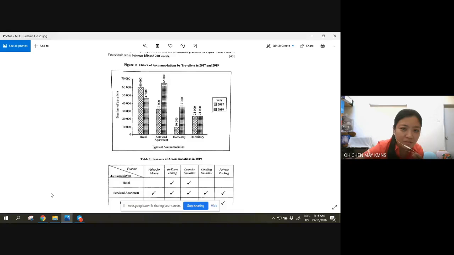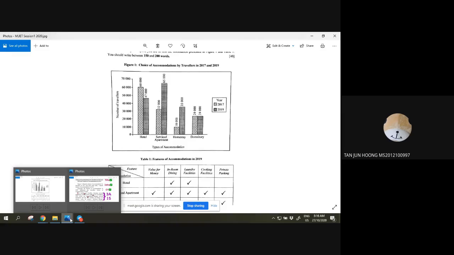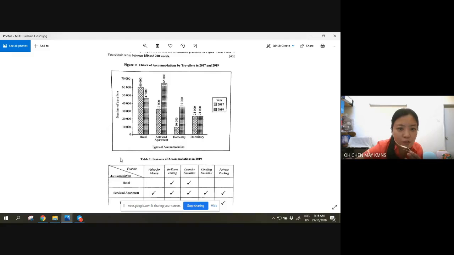Yes, you can say the visuals show what blah blah blah and their features in 2019. Or you can say figure 1 shows this while table 1 shows this. It's up to you. Right now, your introduction.